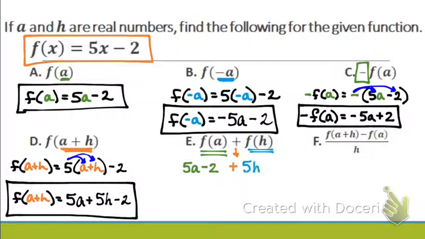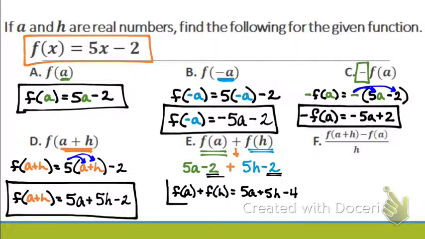So 5h minus 2. And then we're going to simplify this. What can I actually combine together? Negative 2 and negative 2. So I get 5a plus 5h minus 4. Different output, because it was not asking me to do the same thing as the previous problem.